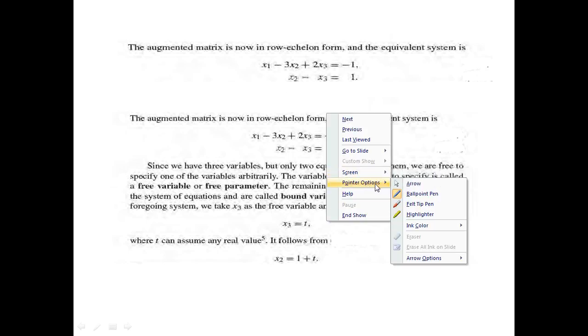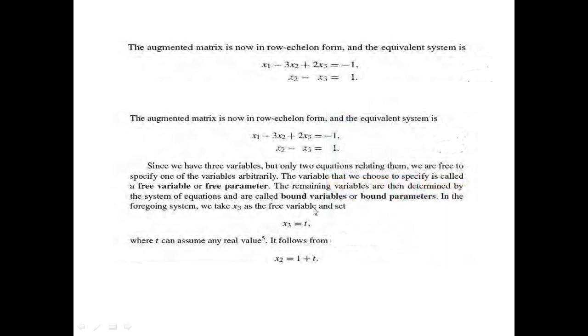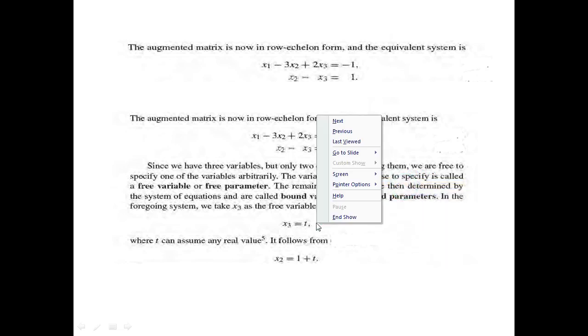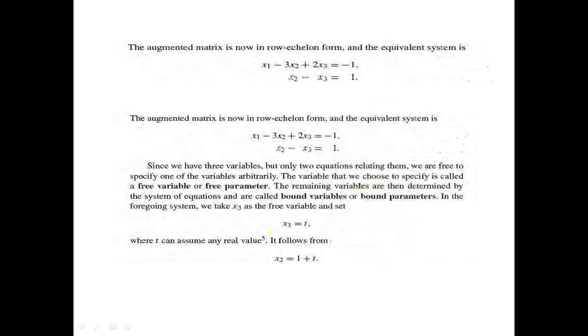x3 equals t. So that variable becomes the free variable. Since there does not exist a leading one for it in these two equations, we consider x3 as the free variable.